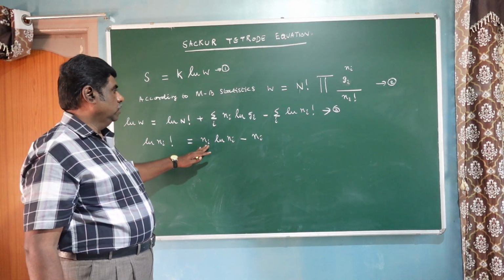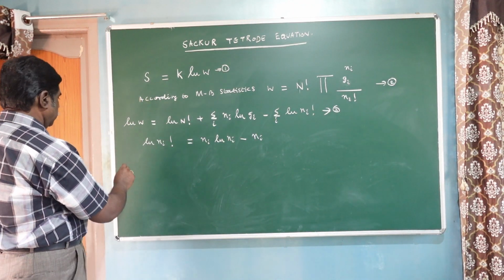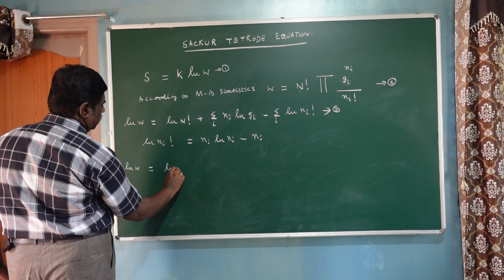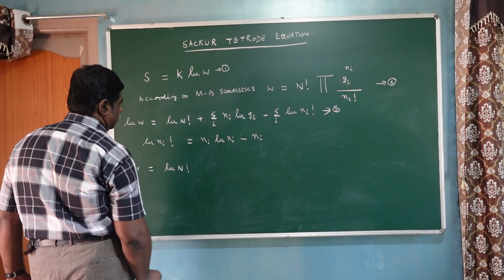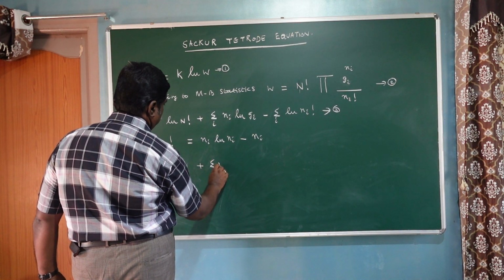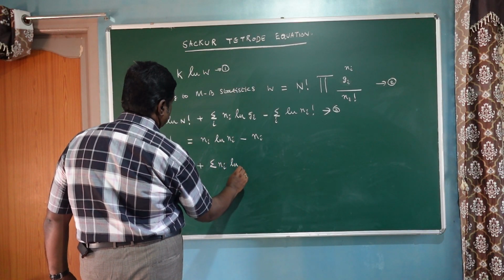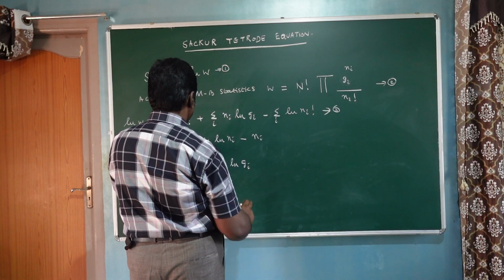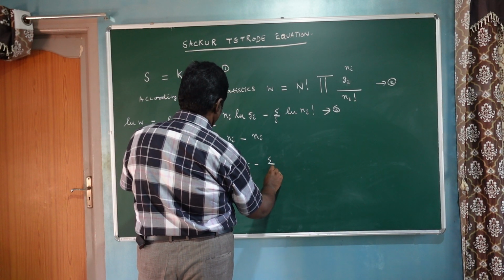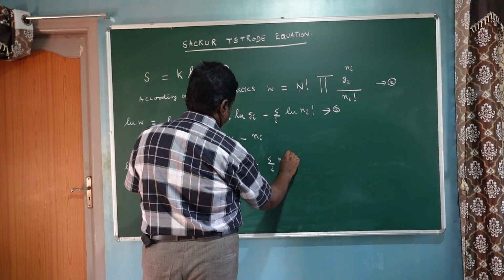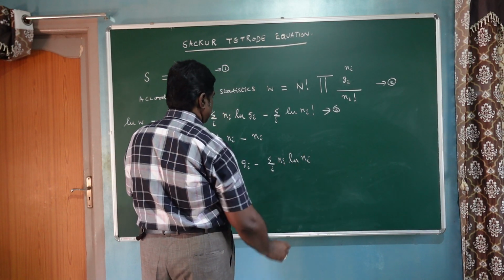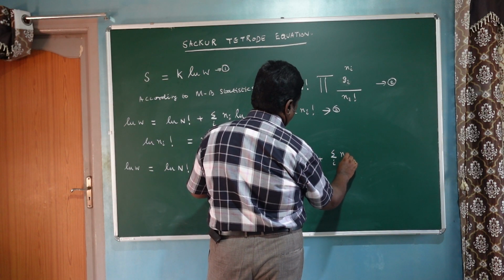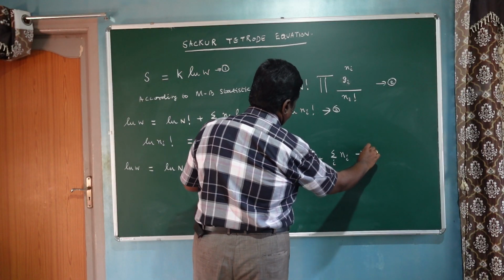Now we have to use this in equation 3. ln W is equal to ln N factorial plus summation over i of Ni ln Gi minus ln Ni factorial. We have to use this: summation over i of Ni ln Ni, then minus, and minus plus summation over i of Ni. So this is equation number 4.